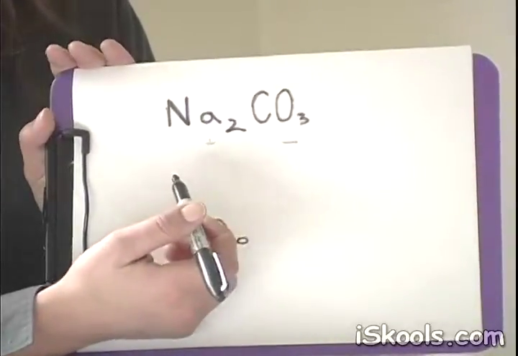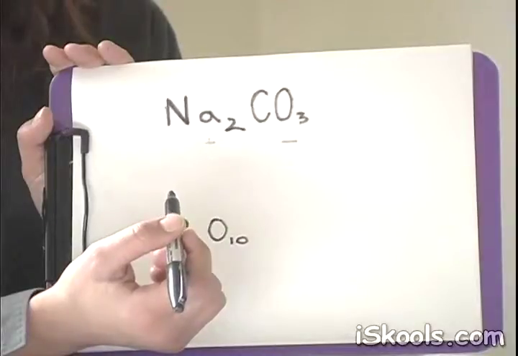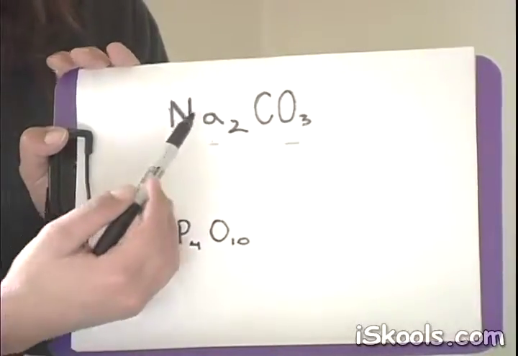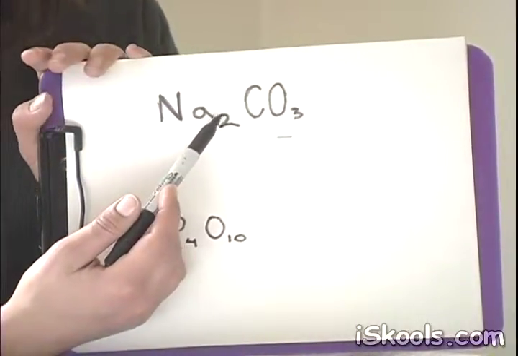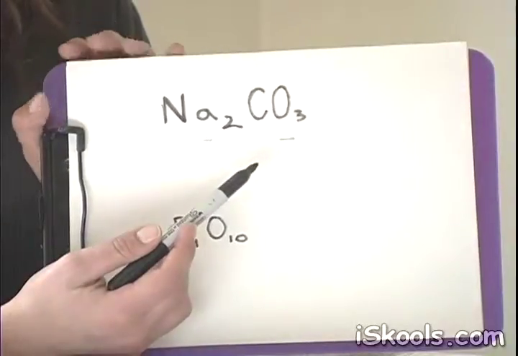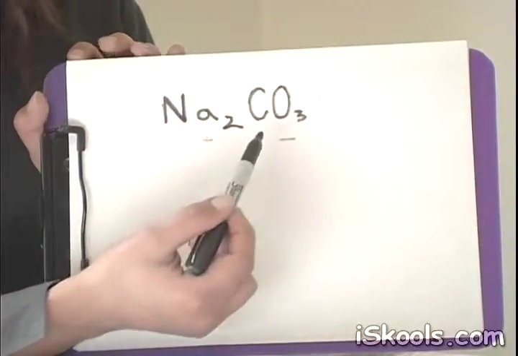I don't have to actually write out a prefix for either one of them because it's an ionic bond, so you can discern how many of them you would need just from the name sodium carbonate because of the charges.